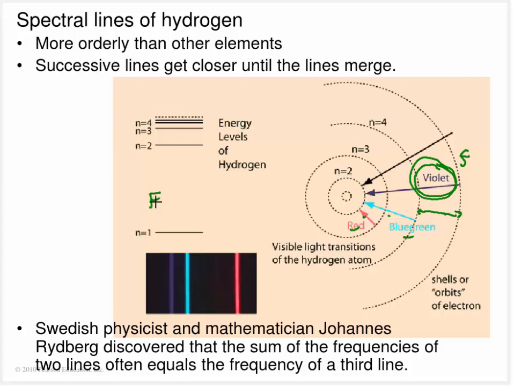That makes sense because energy equals Planck's constant multiplied by frequency, and the energy of this violet should add up to the energy of this jump plus this jump plus this jump.